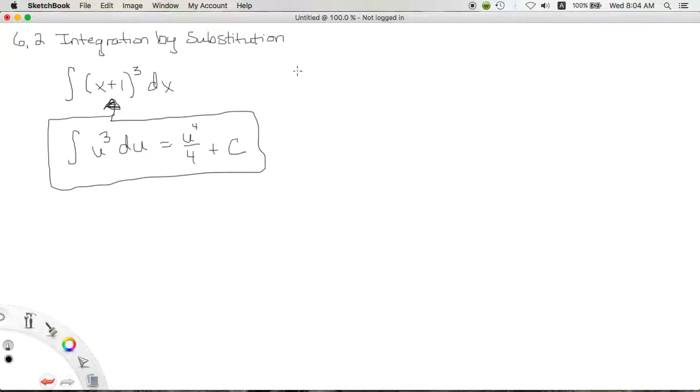So in this case, we would say u is x plus 1, because we want u cubed, and du would be, take the derivative of this, 1 dx, because the derivative with respect to x is 1. Do that separation of variables.